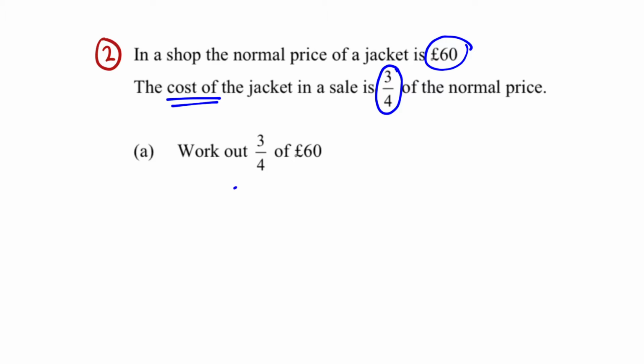Remember, 3/4 means we need to split our £60 into 4 equal pieces, and we need to choose 3 of them. So we're going to do 60 divided by 4, and then when we get our answer, we're going to multiply that by 3. So 4 into 6 goes once, with 2 left over, and then 4 into 20 goes 5 times.